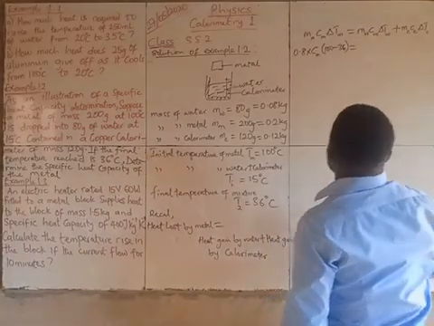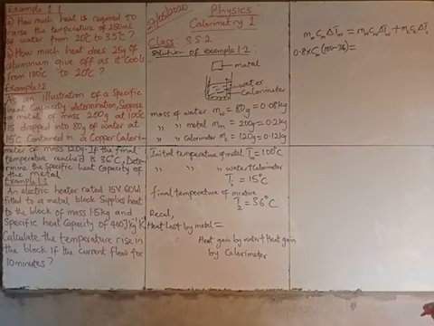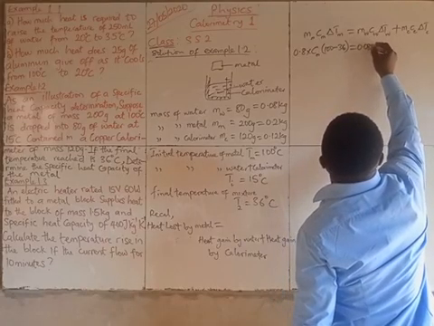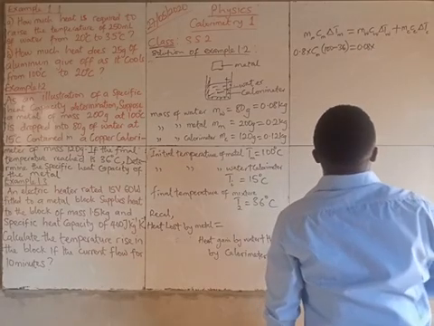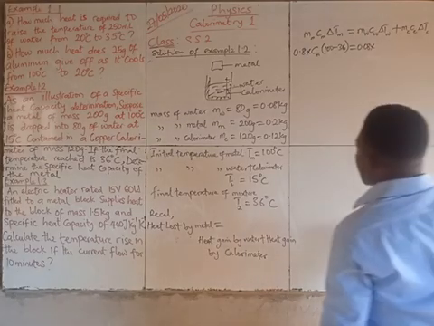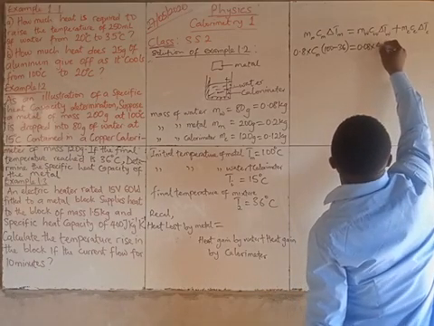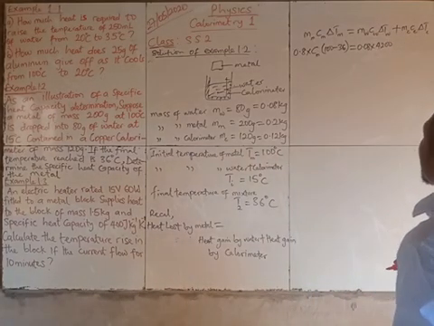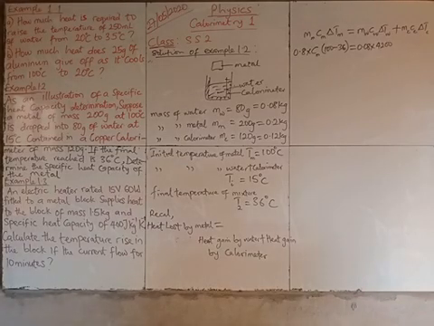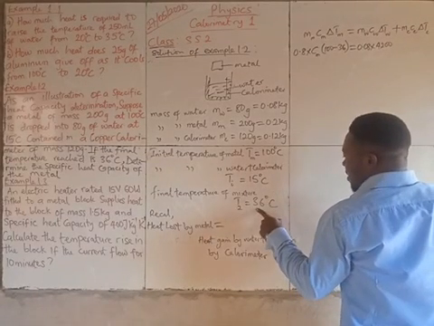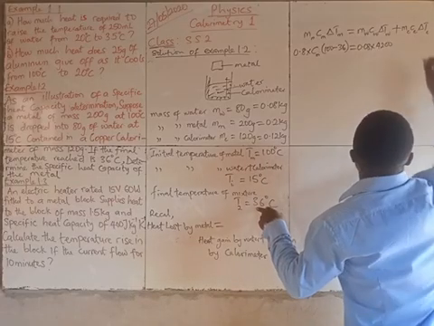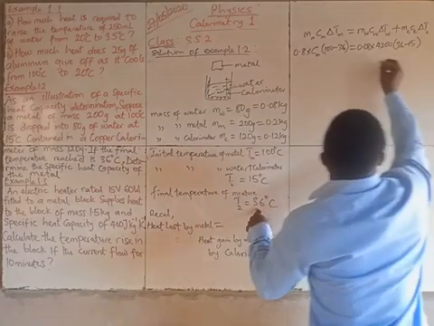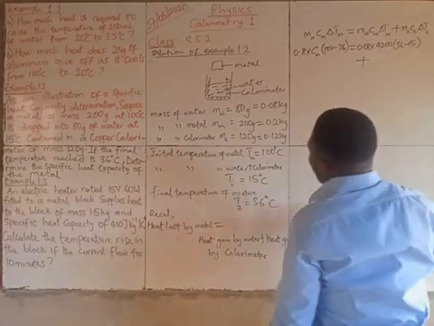And this will also give us the mass of water that we use, 0.08, times the specific capacity of water. Remember that the specific capacity of water is 4,200 joule per kilogram per Kelvin, and the temperature of water changes from 15 degrees Celsius to 36 degrees Celsius, which is going to be 36 minus 15, plus the mass of calorimeter.